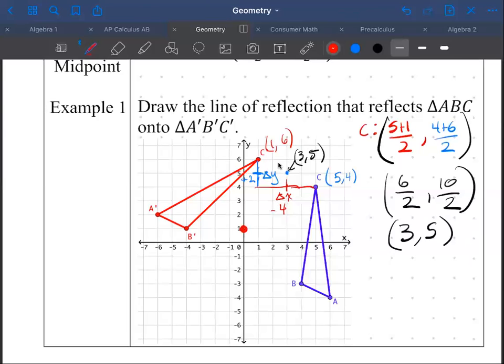Uh-oh. Kira, do you want to see if you can find your mistake? I'm getting a thumbs up from Emma too, though. Is there someone that can maybe identify what the mistake might have been? Yeah, Jade. So you tried to do the formula for midpoint, right?